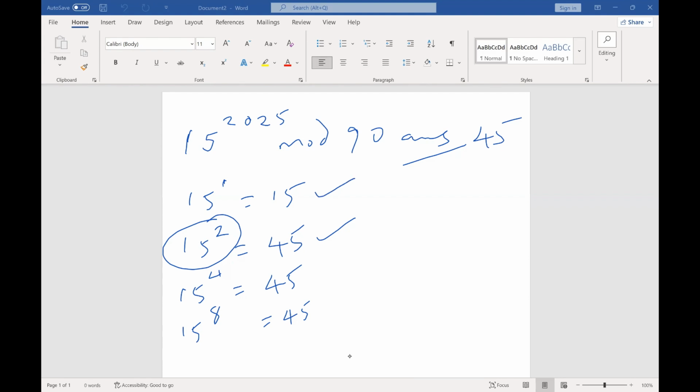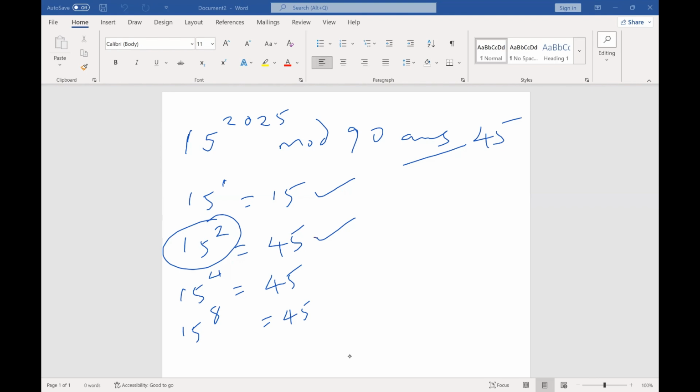That's 15 squared, which is 225. Divide by 90 and record the remainder. 90 into 225 goes 2 times. The remainder will be 45.